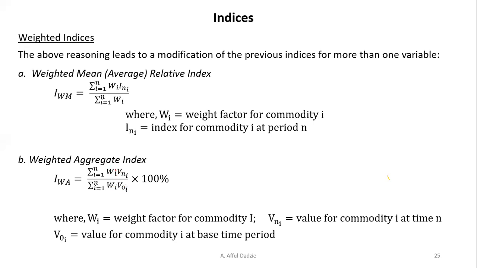In this instance, before we take the sum, each value at every period will be multiplied by the respective weight, and then we take the sum. We also take the base values, multiply each of them by the respective weight and take the sum. So the sum of the current values over the base values would have now incorporated the importance weights, and now we multiply by 100. So let's get into it and see.